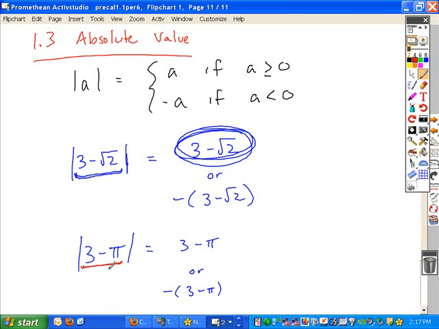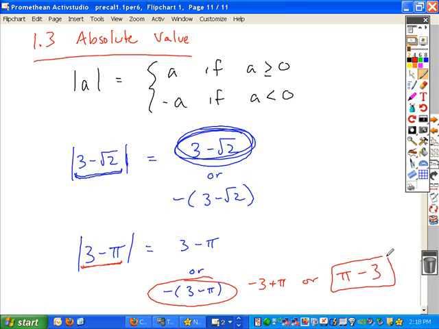Here the original value is negative, so we're going to use the bottom one. If we simplify this by using the distributive property, we get negative 3 plus pi, which will often be written pi minus 3. You have to simplify it down that far.